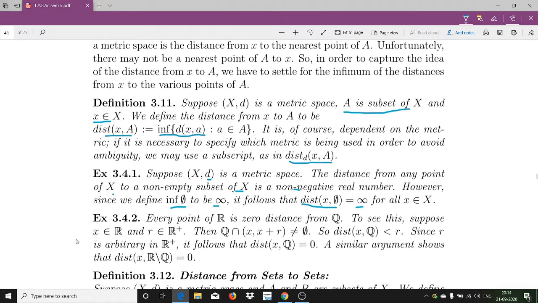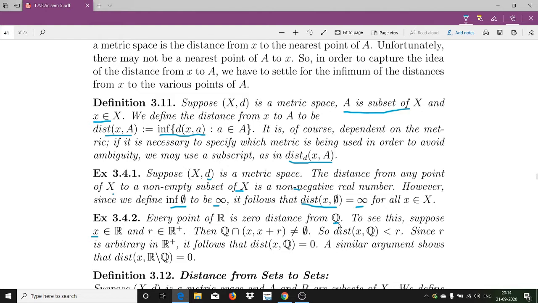Let's see the next example. It says the distance from any real number x to the set of rationals Q is always equal to 0. That means the distance between x and Q is 0, where x is any arbitrary real number and Q denotes the set of rationals.